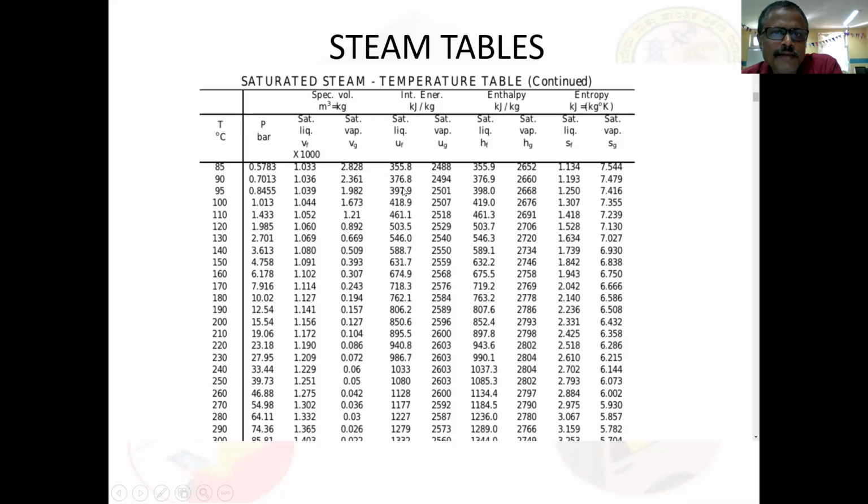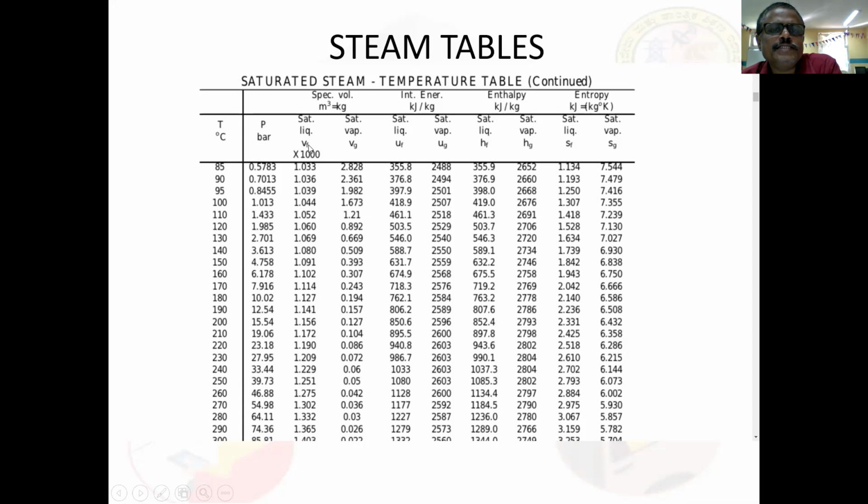All the properties of the steam are tabulated in the form of steam tables. You can see here, T is the saturation temperature of steam, that is nothing but the boiling point. In the next column, you can see the pressure of steam formation, in bars. The unit of steam pressure is bar.